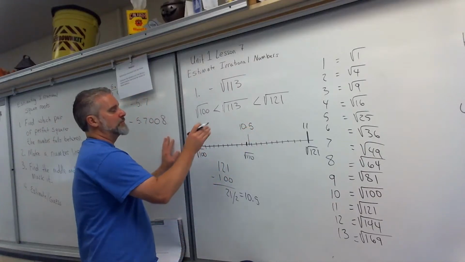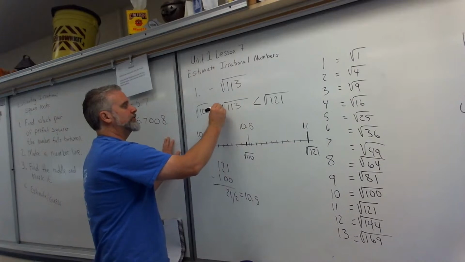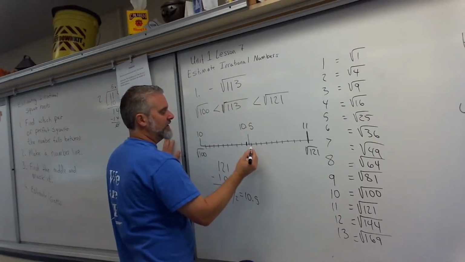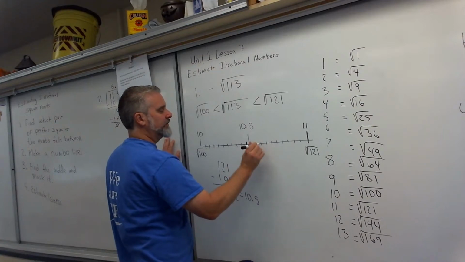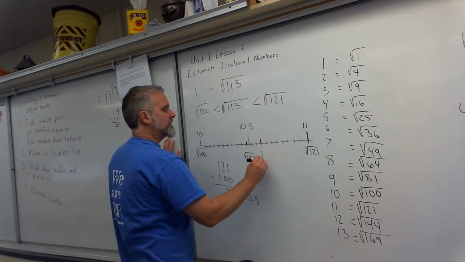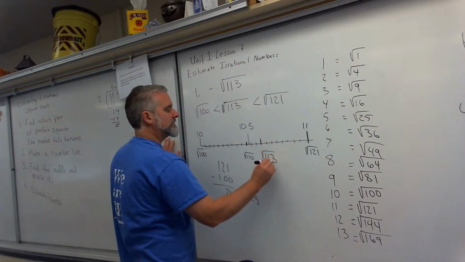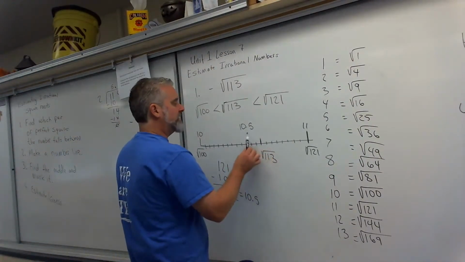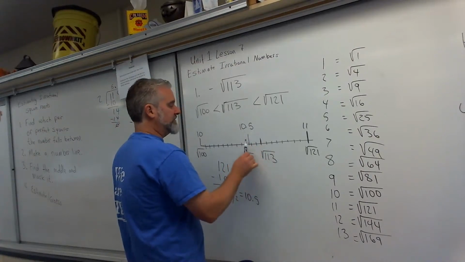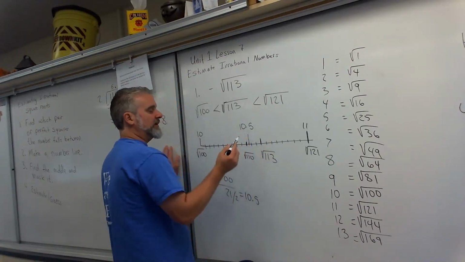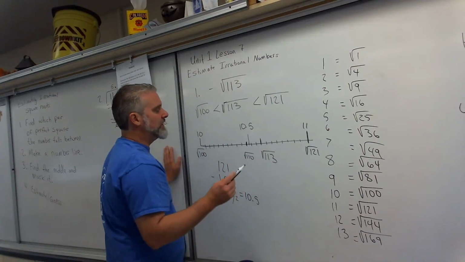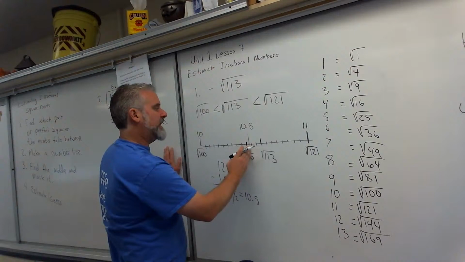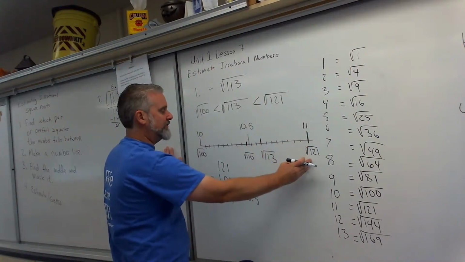And now I'm going to chart my square root of 113. So this is 110, 111, 112, 113. So now 113 is just past the 110.5 mark, which was 10.5. So now I'm going to have an estimate here, greater than 10.5, less than 11.0.